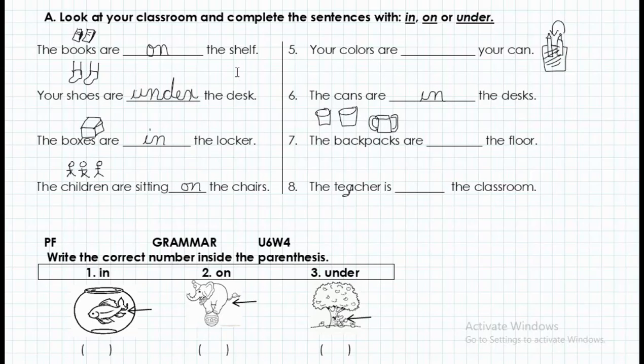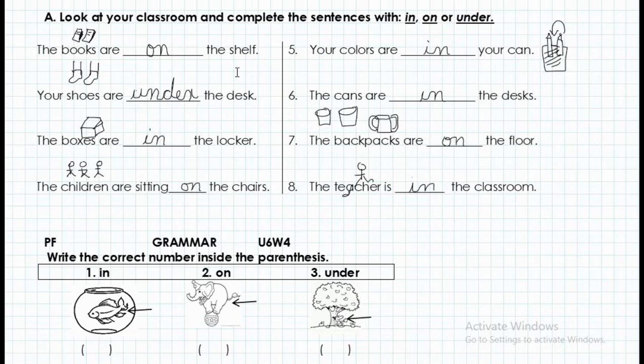Okay, something like this, okay? We keep our notebooks and all our school supplies there. Okay, the backpacks are on the floor next to the door, right? And the last one, okay, I didn't complete here. Your colors are in the can. And finally, we are going to say the teacher is in the classroom, okay?